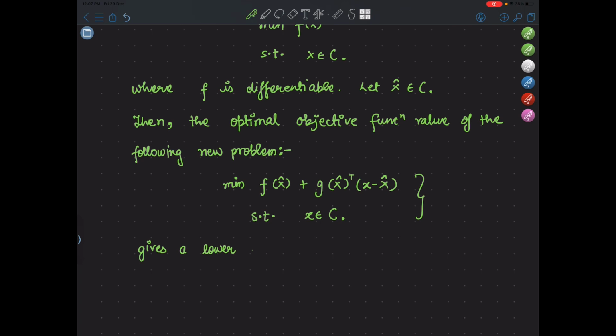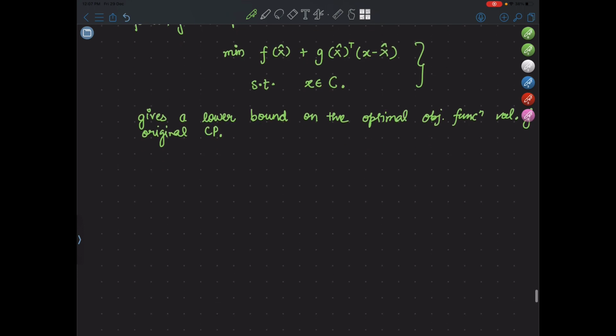We'll look at it geometrically in a second. It gives a lower bound on the optimal objective function value of the original convex programming problem. Let's say this is your original convex function, and this is its linear approximation.